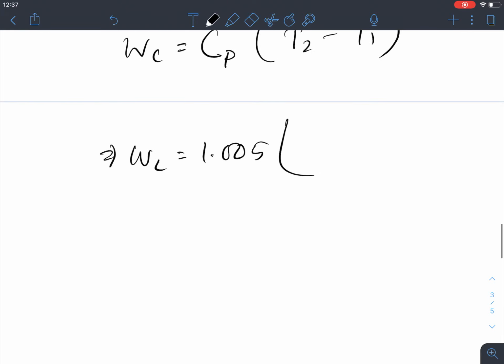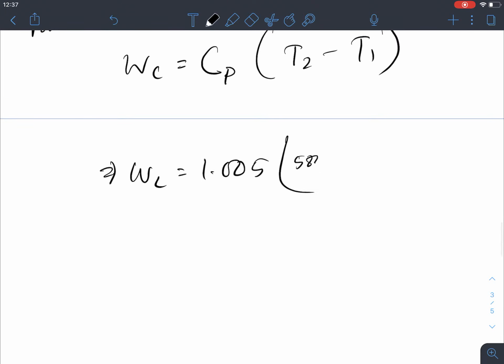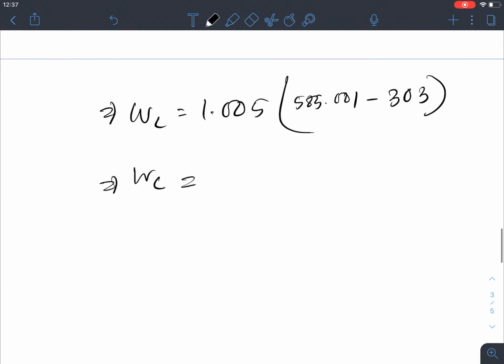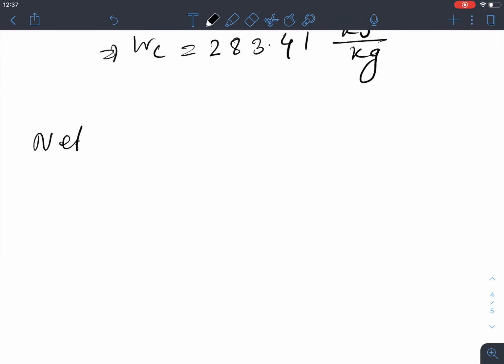So basically let's plug in all this information: 585.001 minus T1 equals 303 Kelvin, right? So WC will become 283.41, again kilojoule per kg, right? Now the net work, W net, was given as 115 kilowatt, right?